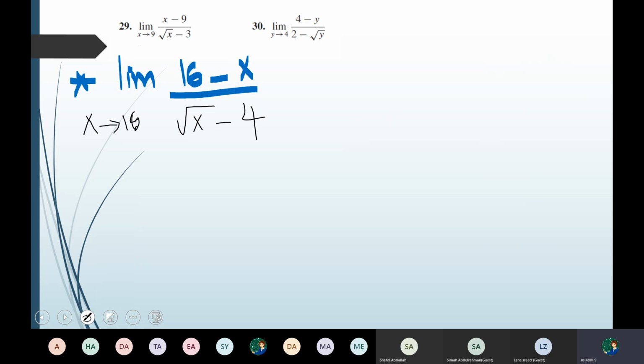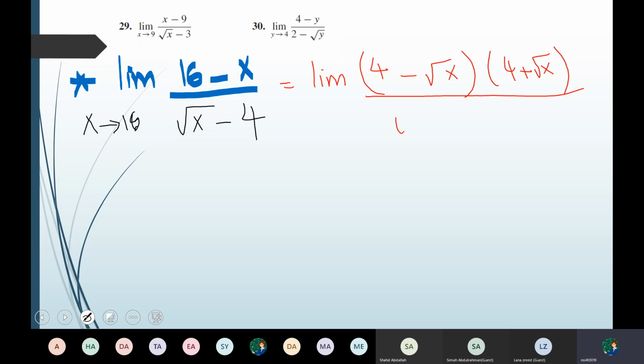Limit when x approaches 16 of (4 minus square root of x) over (square root of x minus 4). Let's now factorize the numerator. It will be limit of (4 minus square root of x)(4 plus square root of x) over (square root of x minus 4).